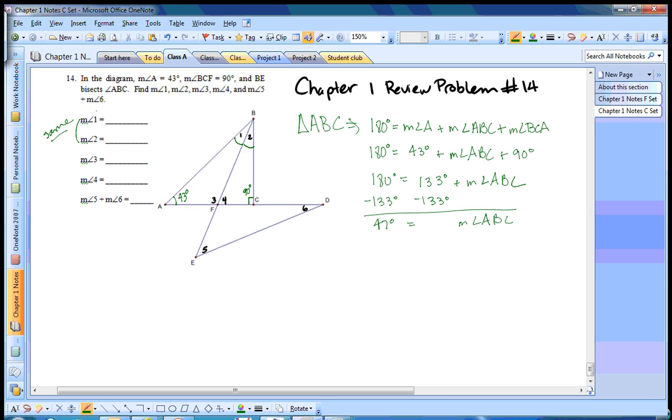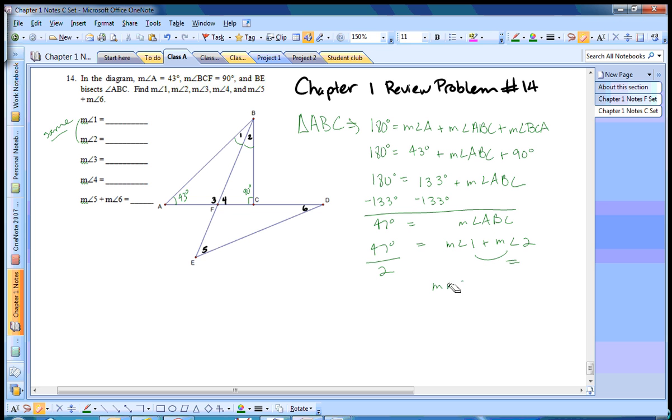Now, ABC is not listed as a measurement that we want to know, but we do know that the measure of ABC is composed of angle 1 plus angle 2. And we know that those two are equivalent.